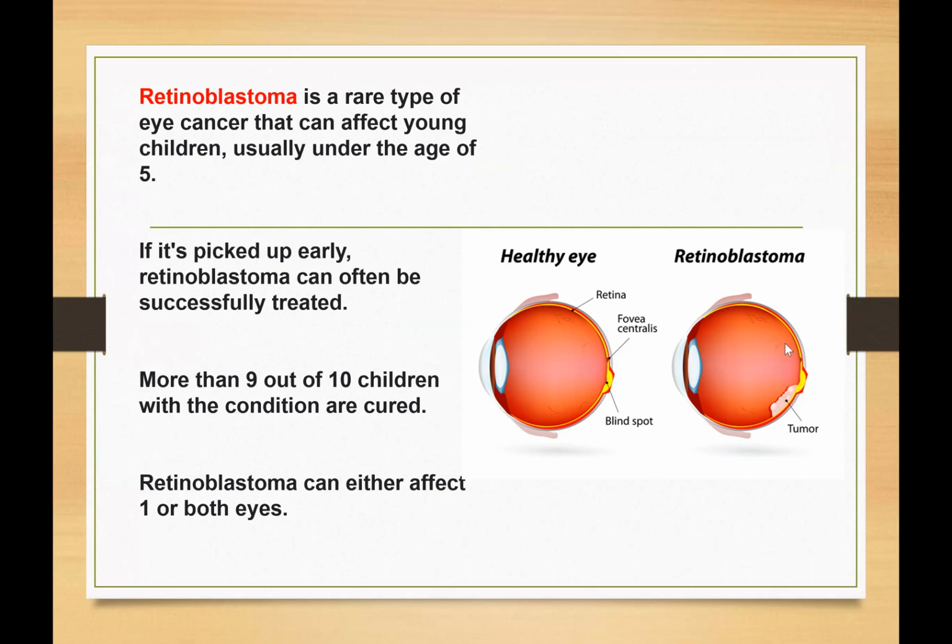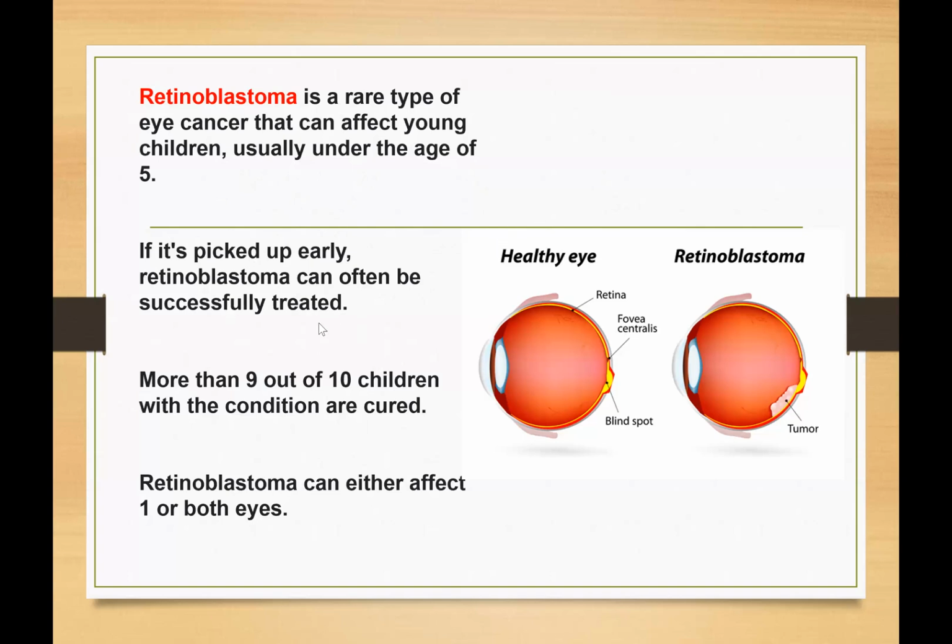Since this type of cancer expresses itself very early in childhood, the name also came from the stage at which it appears, that is, childhood eye cancer, and usually it is expressed in children of less than 5 years old.